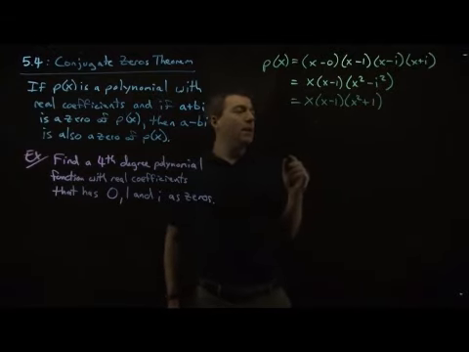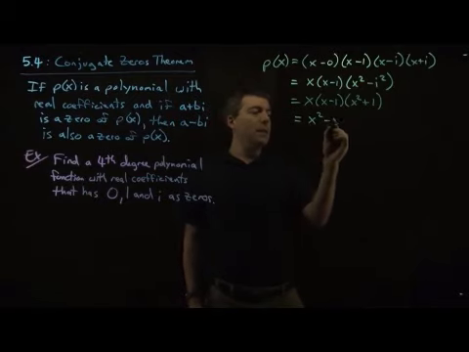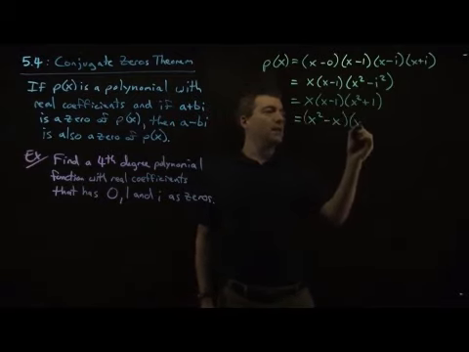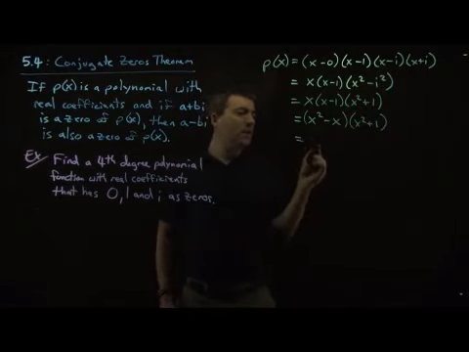All right, let's distribute through the x. We've got x squared minus x times x squared plus 1. And now foiling this out gives us our answer.